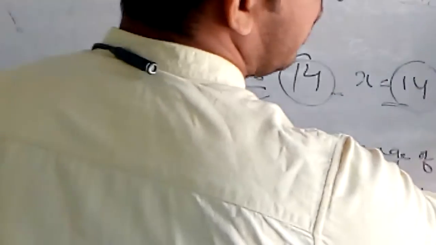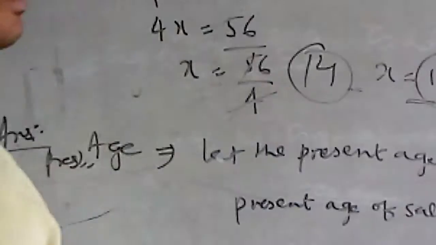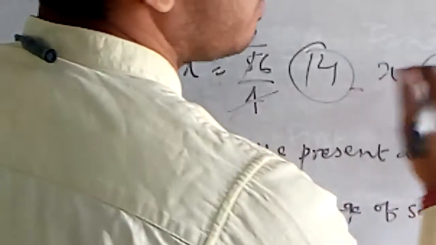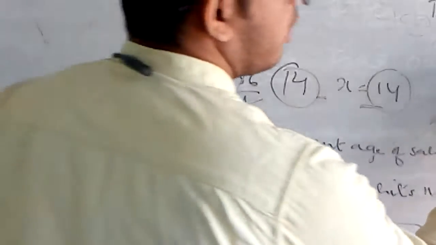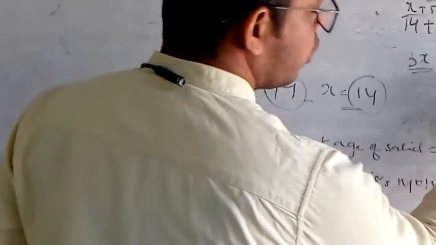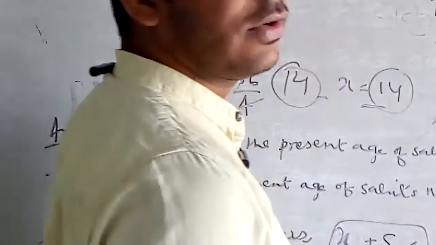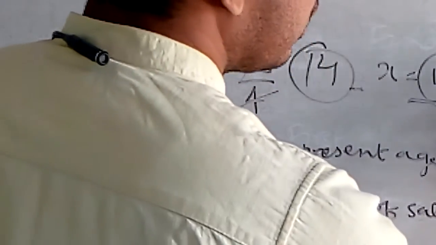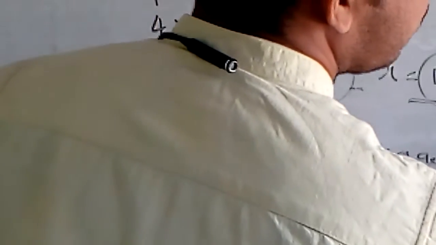What will it be? 19. 19 will be the age of Sahil after 5 years. Present age of Sahil's mother is 3x. Place the value of x. What will we get? 3 into 14, 42 is the present age of Sahil's mother. After 5 years, 3x plus 5, so 3 into 14 plus 5 equal to 47.